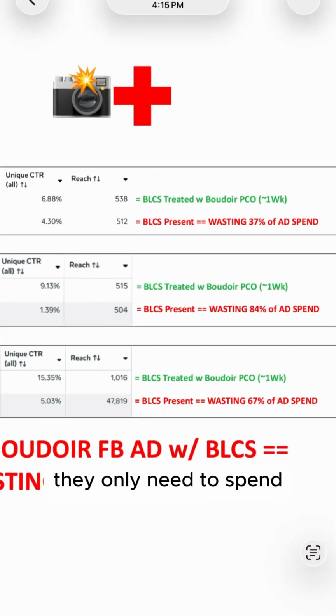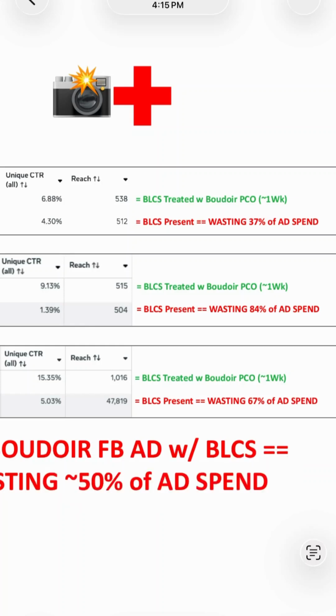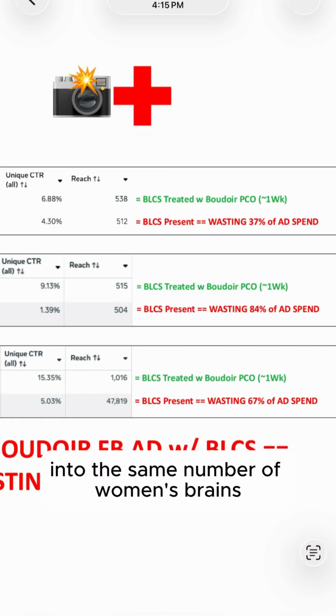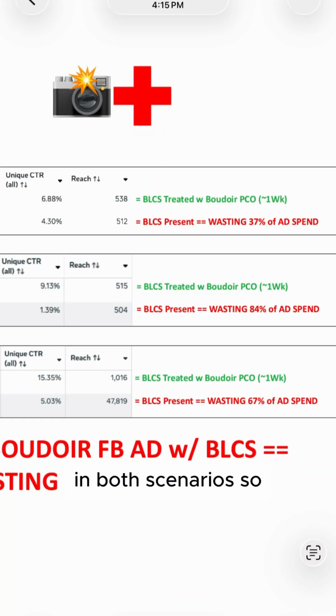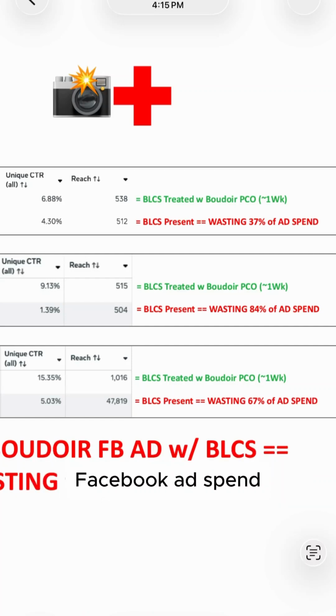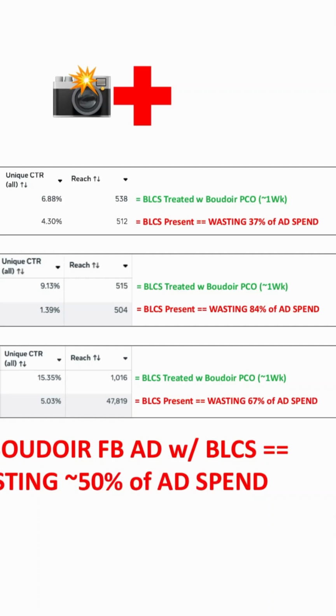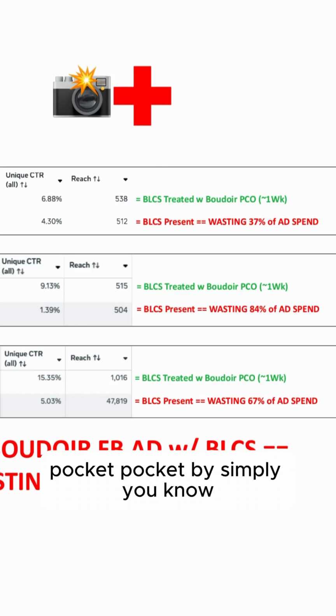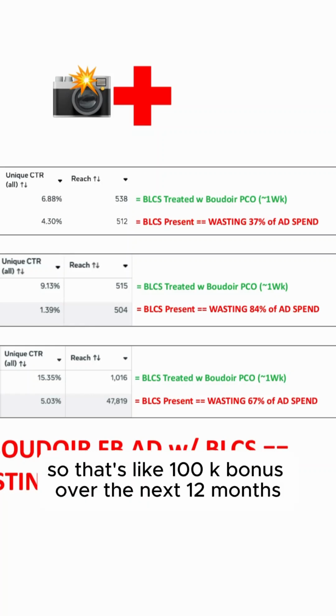Now they only need to spend $1,600 a month on the Boudoir Pico treated Facebook ad, and they get their ad into the same number of women's brains in both scenarios. So they eliminate $8,400 a month in wasted Boudoir Facebook ad spend, and they pocket that $8,400 a month by simply not spending it. So it's like a 100K bonus over the next 12 months.